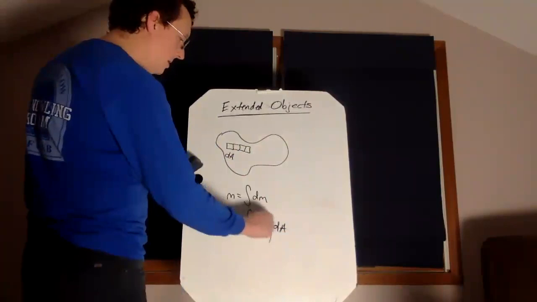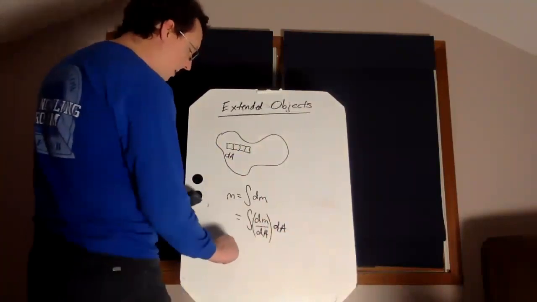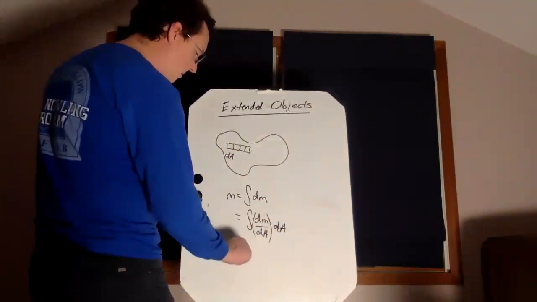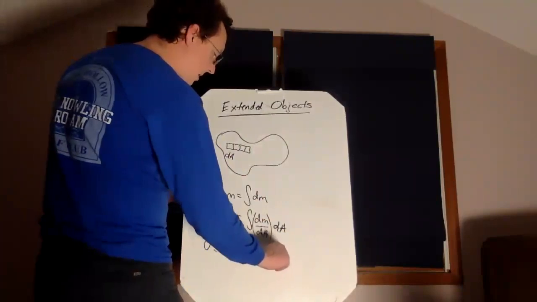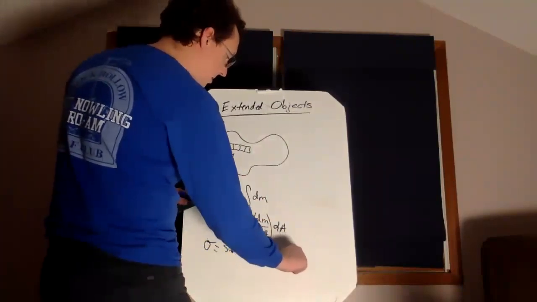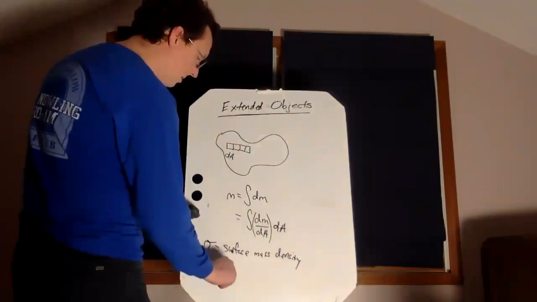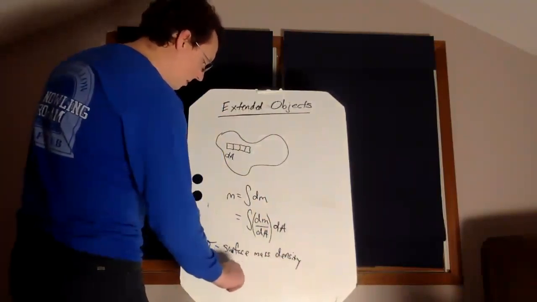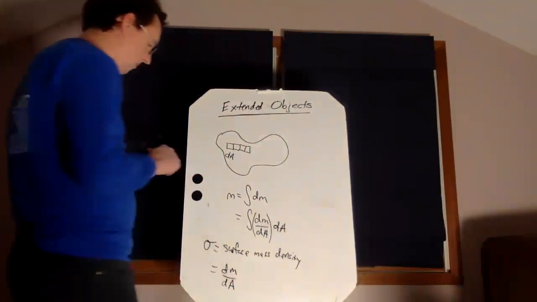And we're going to call this thing in parentheses sigma. It's going to be the surface mass density. And it equals dm over dA. Okay.